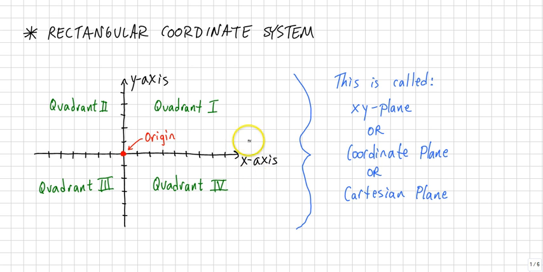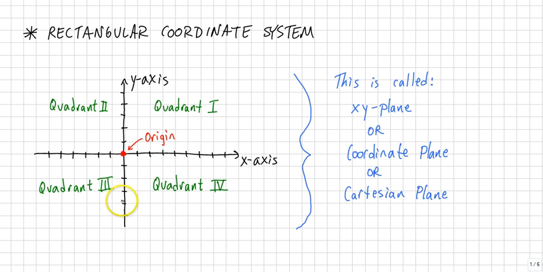The variables could change, so usually it's x and y, but sometimes we have other variables. The vertical axis typically represents the dependent variable, and the horizontal axis represents the independent variable. But typically it's x and y. Anytime we switch to different variables, we'll talk about it specifically at that time.